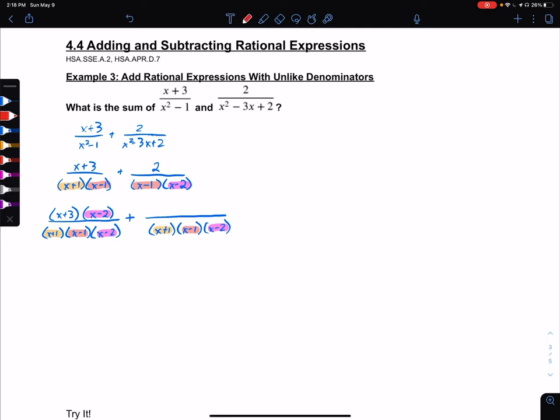And now I need to do the same thing over here. What is new from here to here? Well, the red and the pink ones were already there, so that x plus 1 is my new expression. So I'm going to have 2 times the x plus 1 as that new piece.